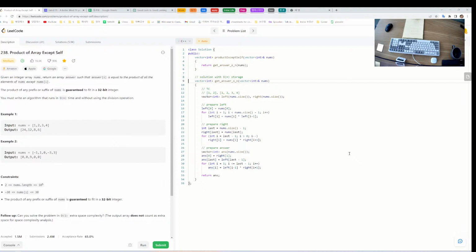we can have some value called left. And what we can do is that we can build the right side inside the answer. And then the first element actually is right side of 1, right?